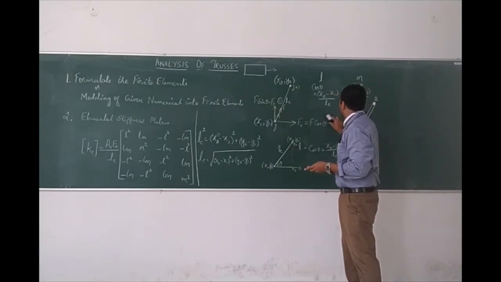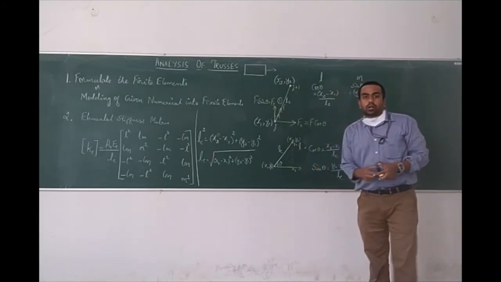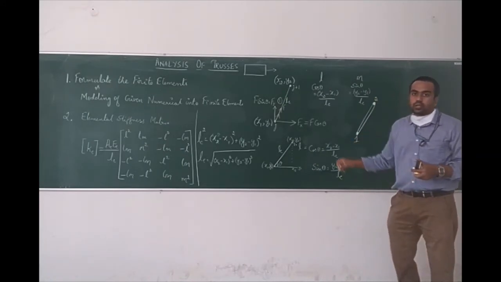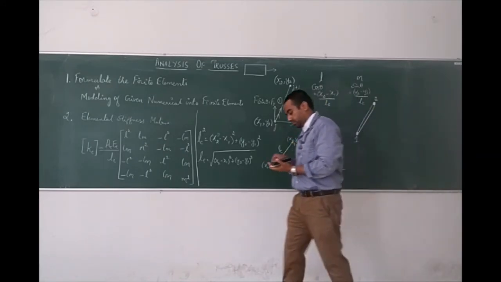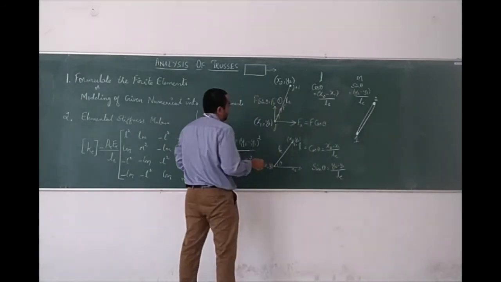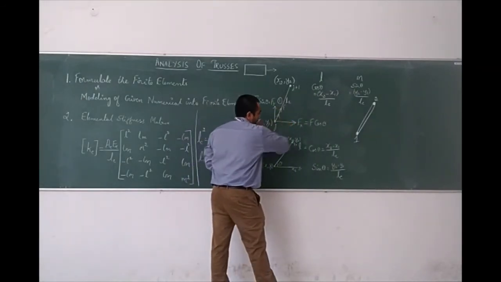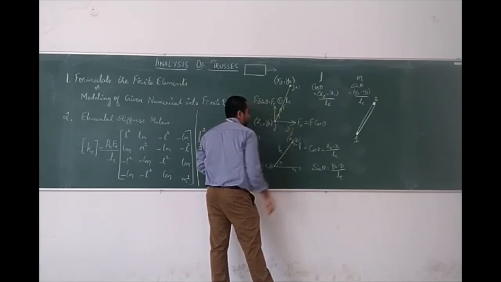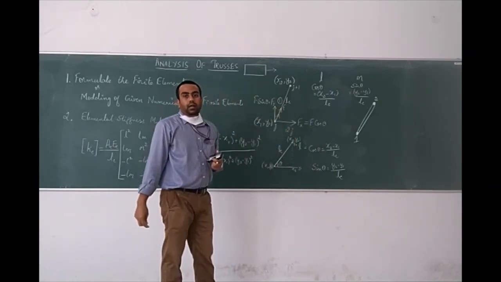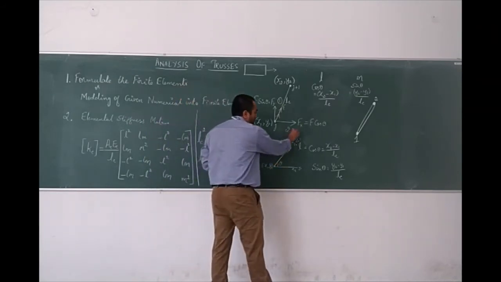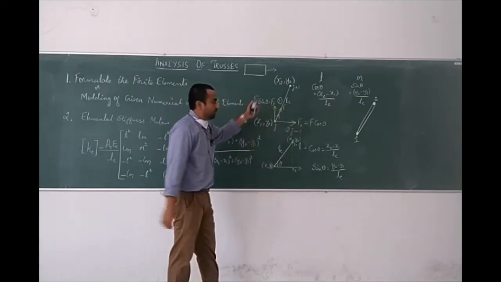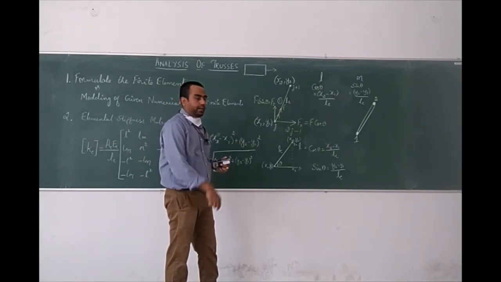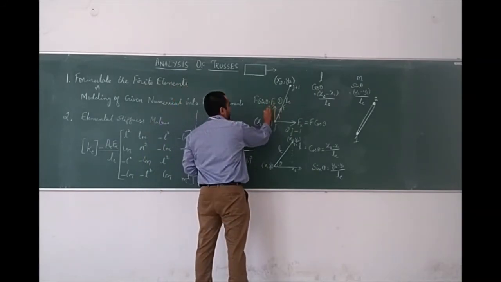So the degree of freedom along the x direction we represent as 2J minus 1, and the degree of freedom along the y direction we represent as 2J.